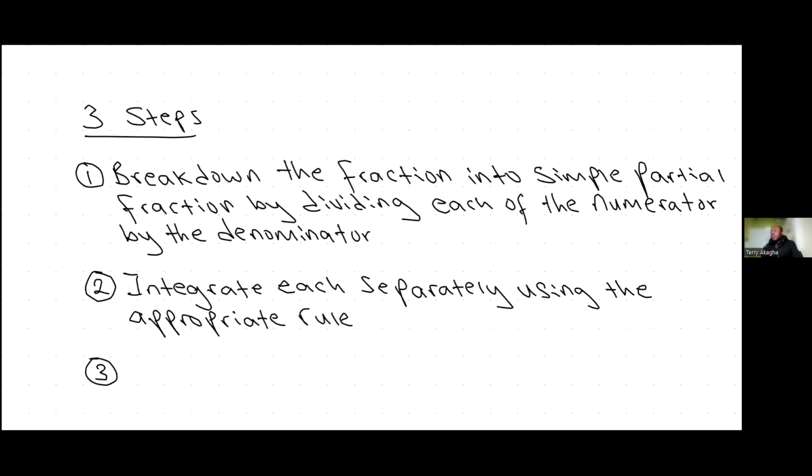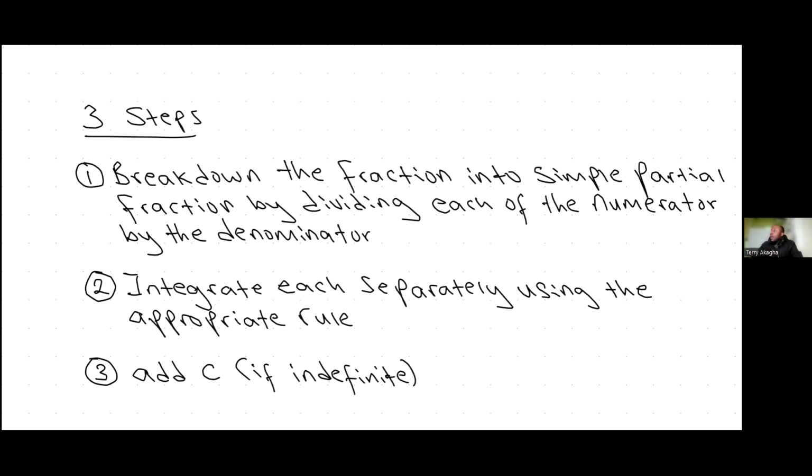And number 3, we then add C. So you break down the fractions into simple partial fractions by dividing each of the numerators by the denominator, then you integrate each separately using the appropriate rule, and then you add C to it.